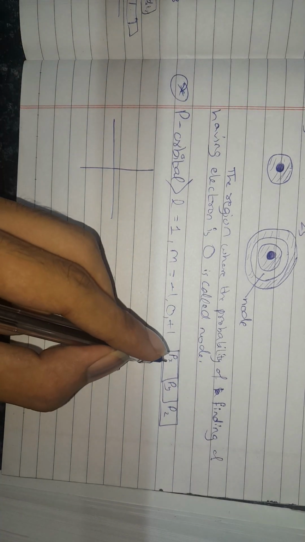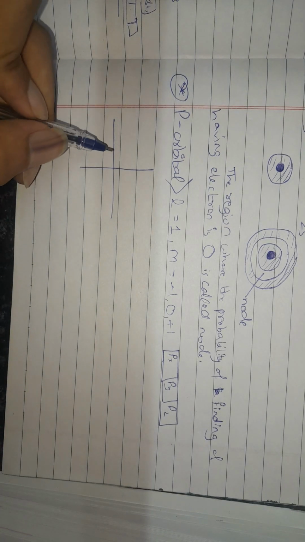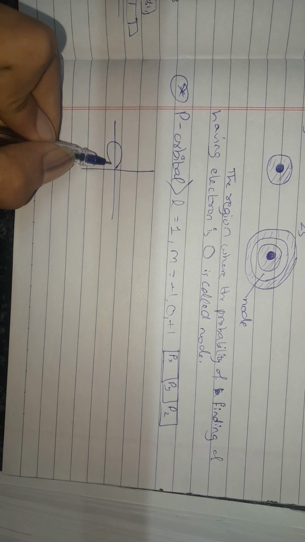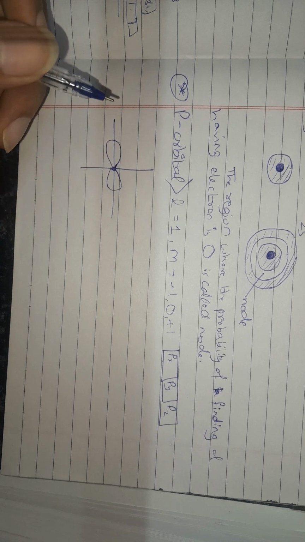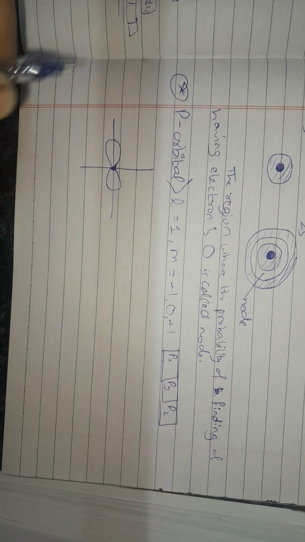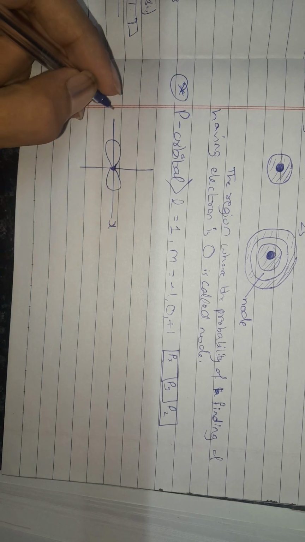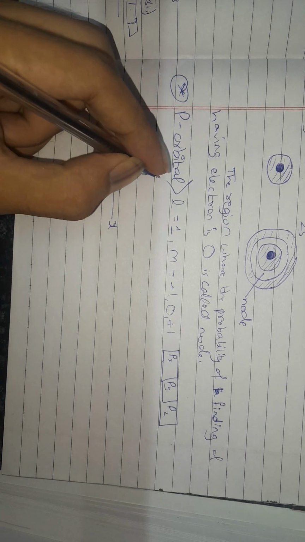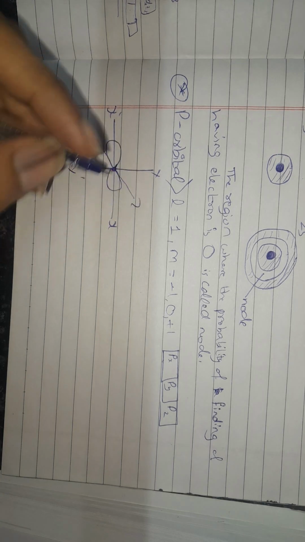So here it is px, so it is along the x-axis. X means x-axis, so this is the x-axis, y-axis, and this is z.